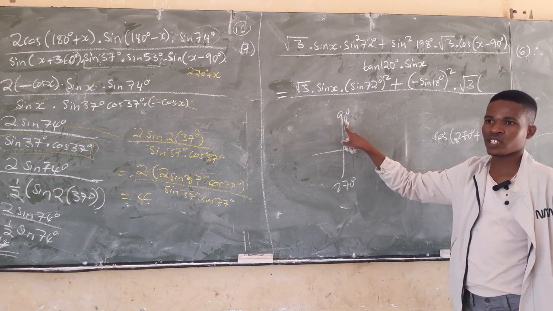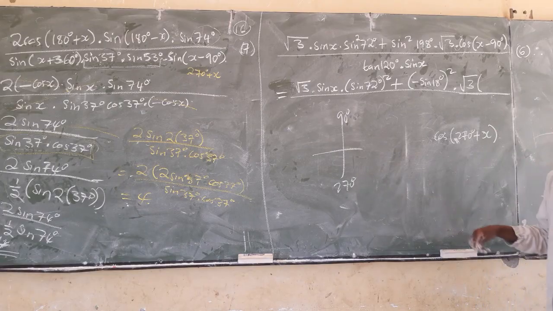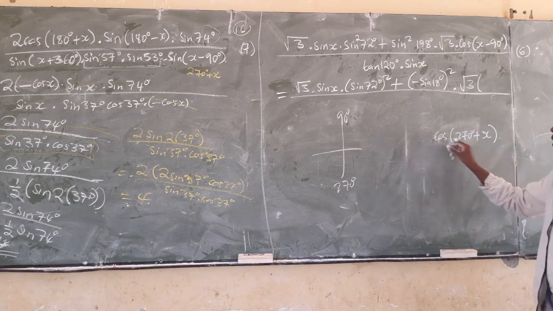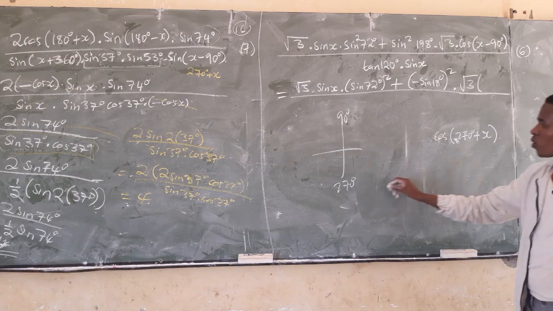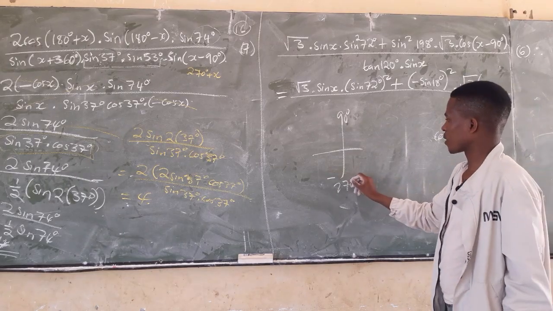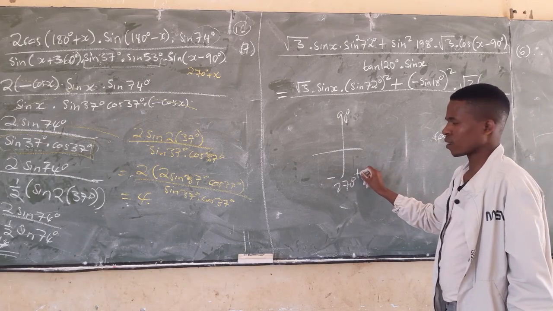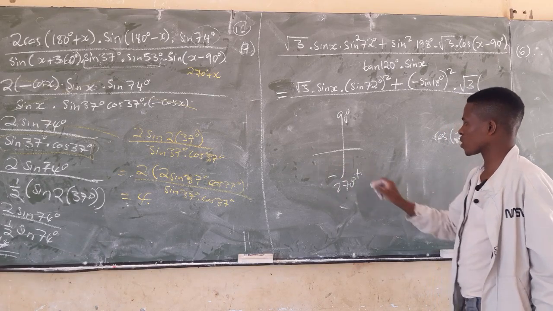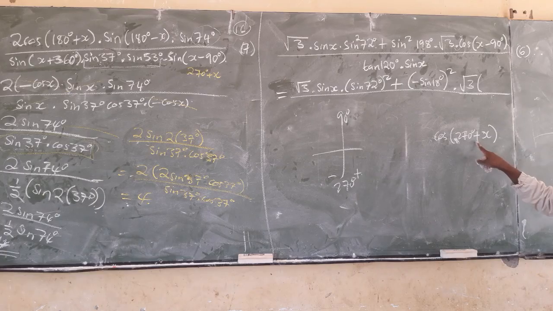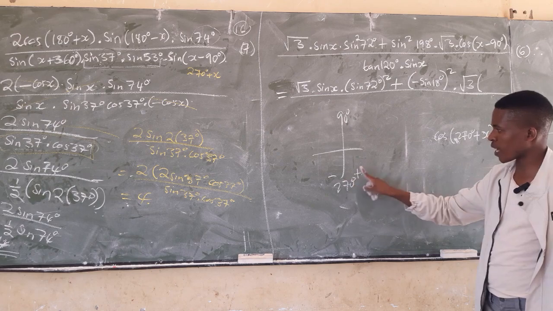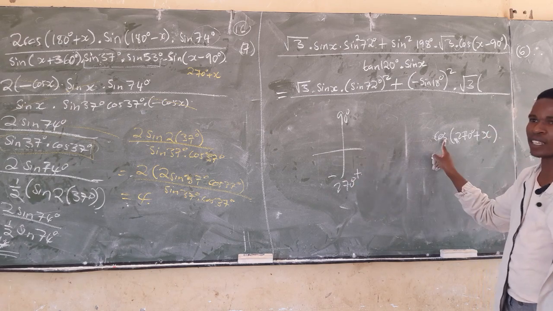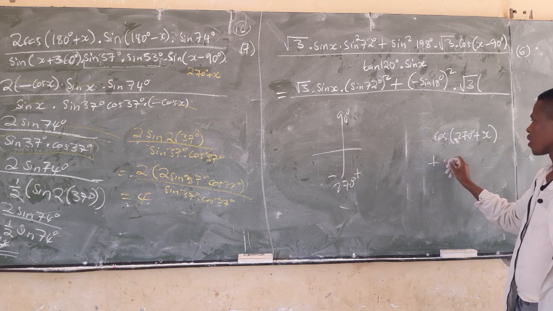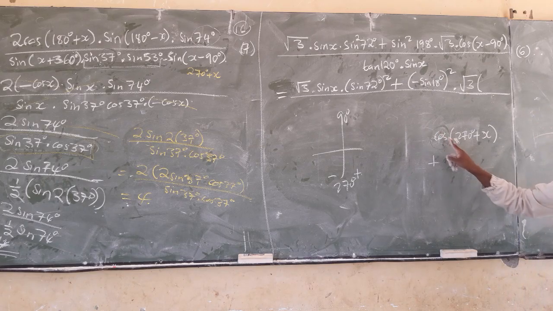Whatever this does, change the function, this one will also do. Okay? Then now this is negative, positive. Now I say cos of 270 plus x, plus we get into the fourth quadrant. How is cos in the fourth quadrant? Positive. Yes. Then now cos is changed here, co-function.